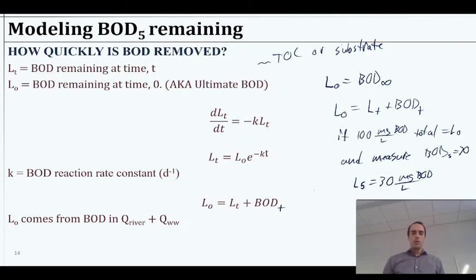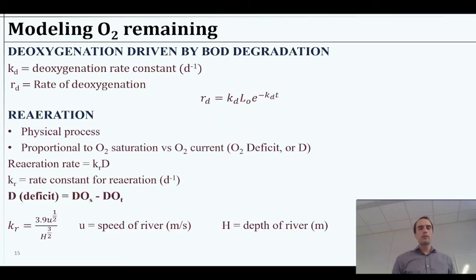Okay, so that's almost everything for the deoxygenation side. We just need to add one more piece, because this is not actually a rate of deoxygenation. That's a rate of change for the amount of food remaining, right? So the rate of deoxygenation then has to do with some rate constant, Kd, for deoxygenation rate constant, some typical values out there in the literature.